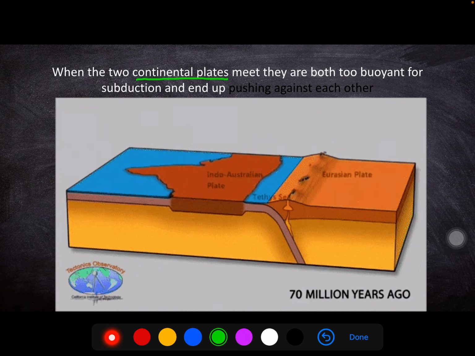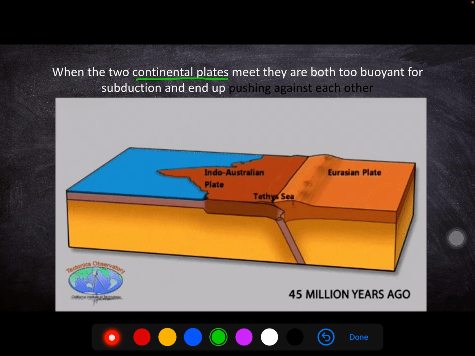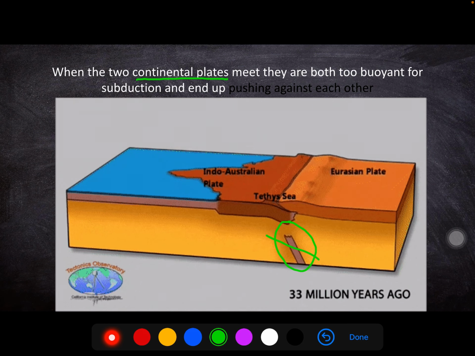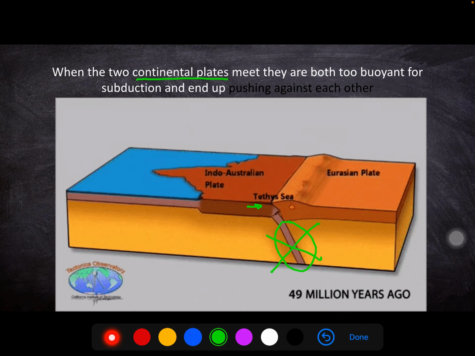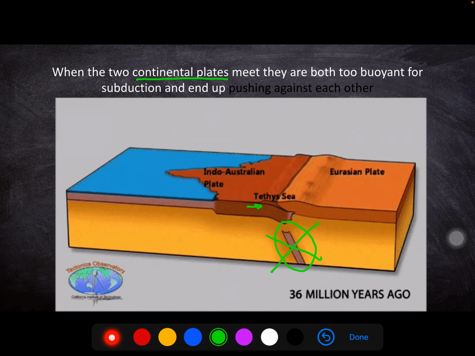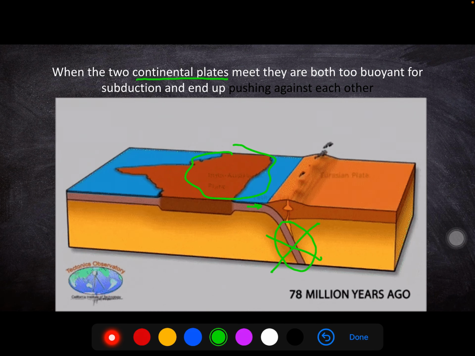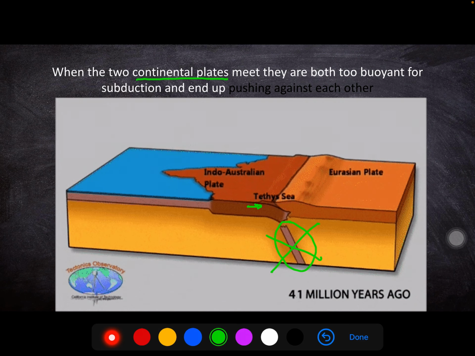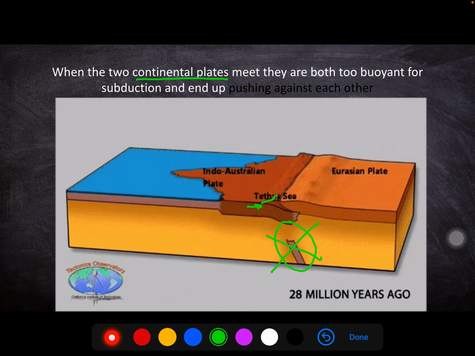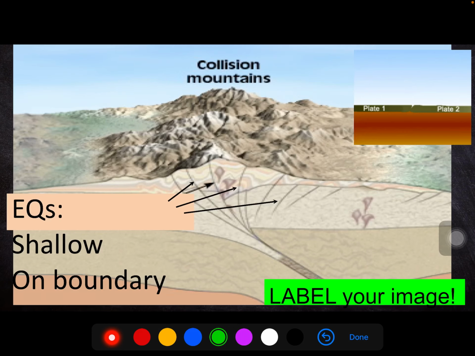And the reason it's happening is likely because there was some sort of subduction happening that gets cut off. So you can see here we had an ocean plate being pulled towards the existing continental plate. And eventually this piece of land, which was India, gets pulled closer and closer, eventually colliding into that other piece of continent. And as they pile up, you can start to see the feature forming of great mountain ranges.